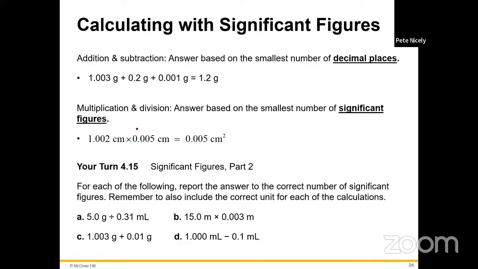Here you have 3 decimal places, here you have 1 decimal place, and here you have 3 decimal places, right? So when you get your final answer, it must be rounded off to 1 decimal place. Your answer will turn out to be 1.2, regardless of what you get on your calculator.